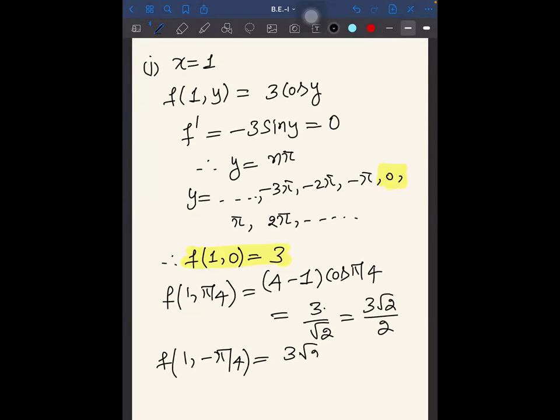Because cos is an even function. So we'll again end up with the same value. So f of (1, pi by 4) will give you 3 root 2 by 2, and f(1, minus pi by 4) will also give you the same value, right? So one boundary is done. Okay, you are with me?